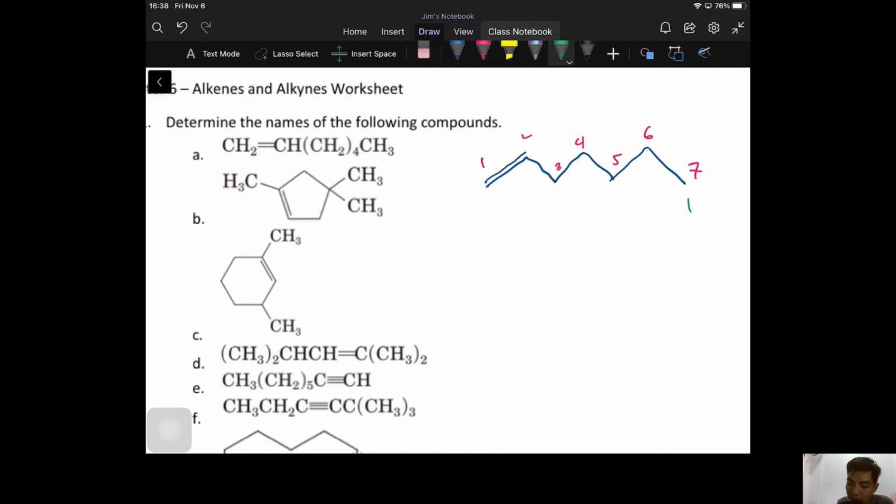So our double bond, pag left to right, mag-start siya sa carbon 1. Pag right to left, mag-start yan sa 6, then 7. So ano pipiliin natin, yung 1 or the 6? Of course, obviously, yung 1 ang gagamitin.